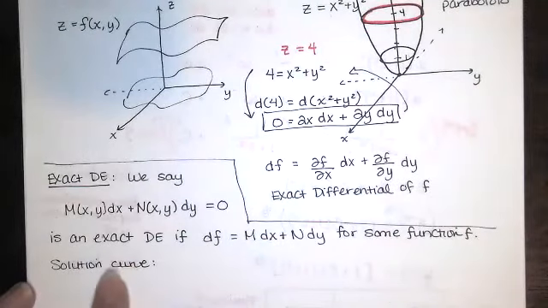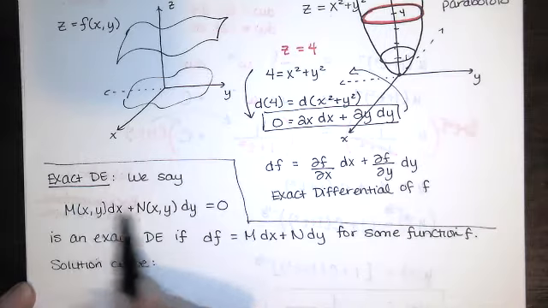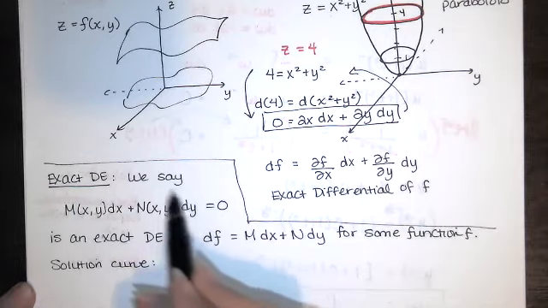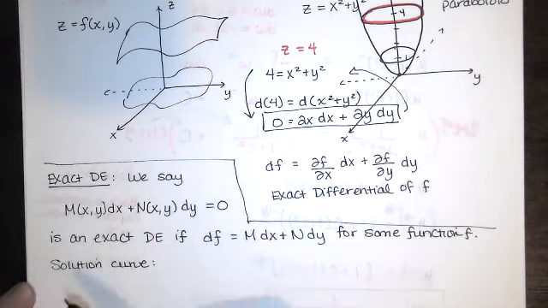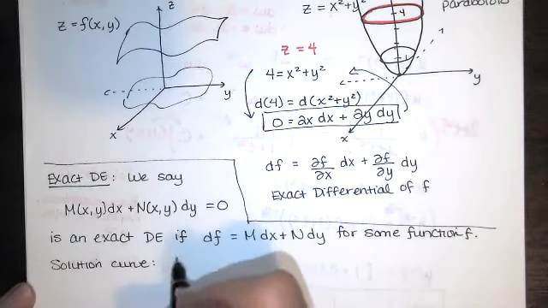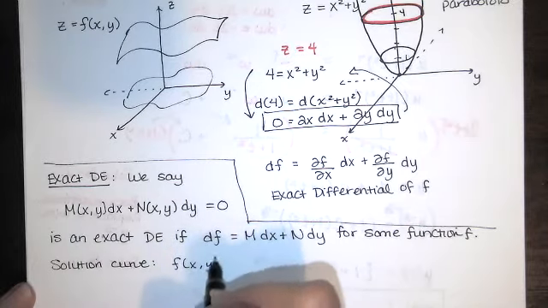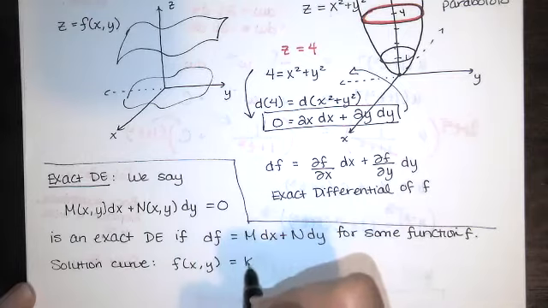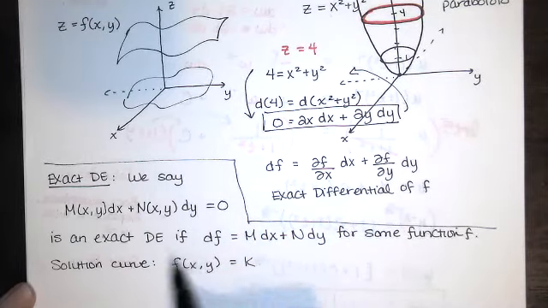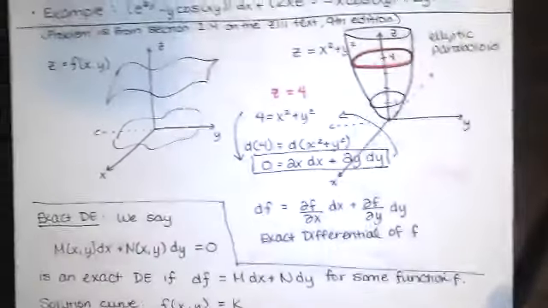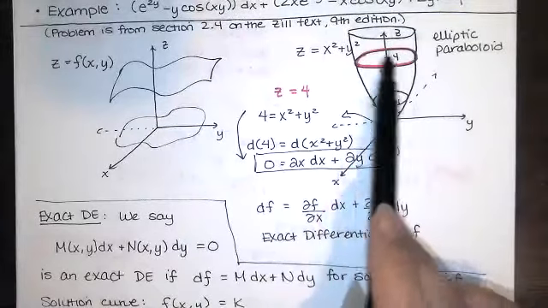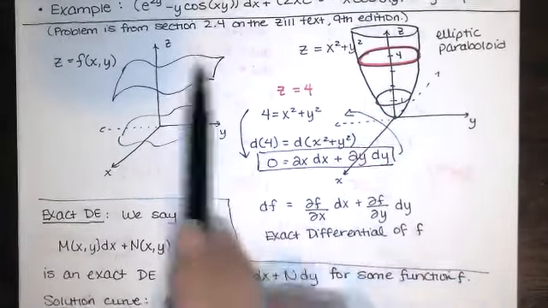The solution curve is the graph of this relationship when I undo this sort of differentiation process. I'm going to have f of x, y on this side, and on the other side, I'm going to have k, because the differential of this is this, and the differential of a constant is 0. So this is actually a level curve, or just a curve where that z value is constant on a function of 2 variables.